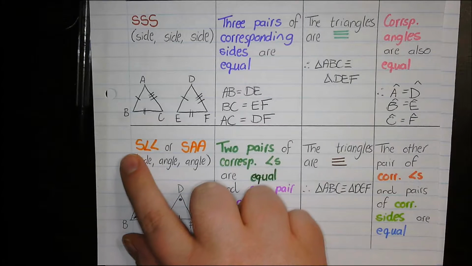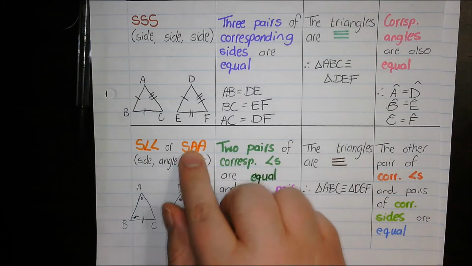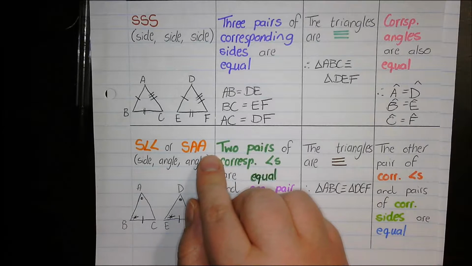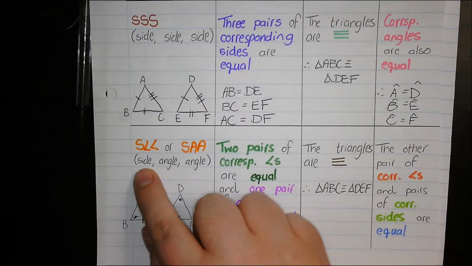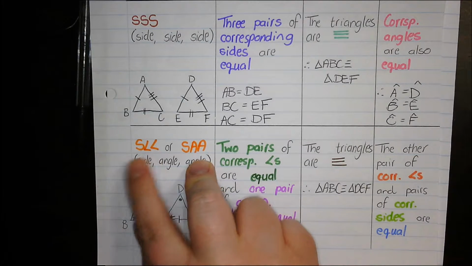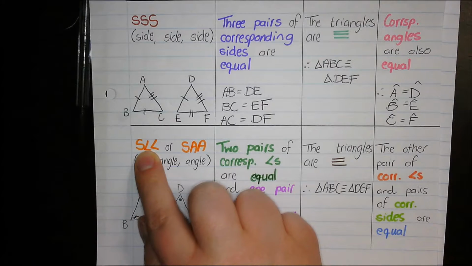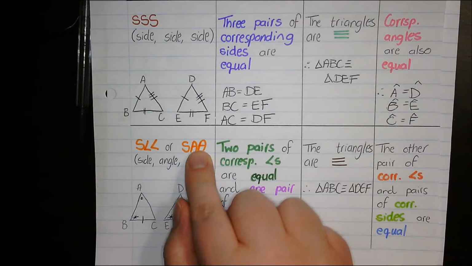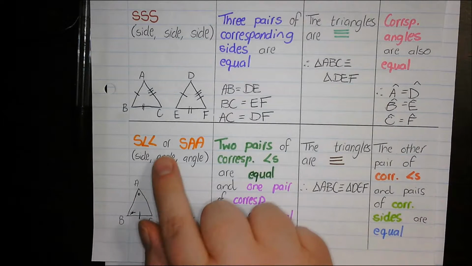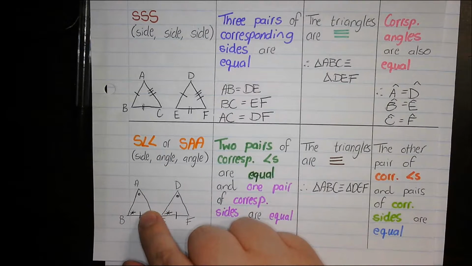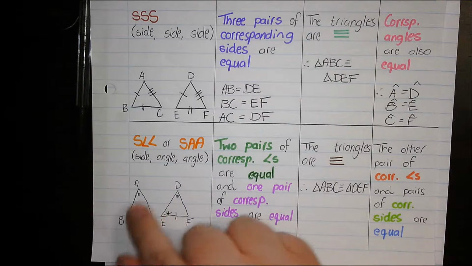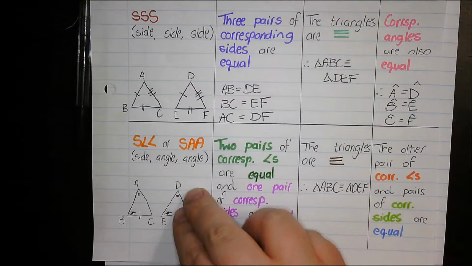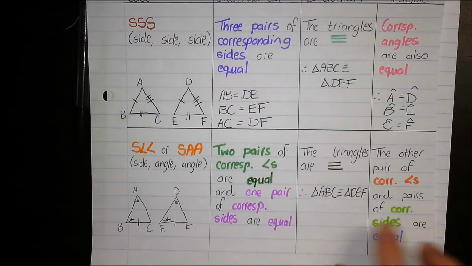The second case is side angle angle, or angle angle side. It doesn't matter whether you write it like this or like this. This isn't an L, it's the symbol for angle. So you have 2 angles that have partners and 1 side that has a partner, and it doesn't matter which side or which angles, as long as it's 2 angles and a side.